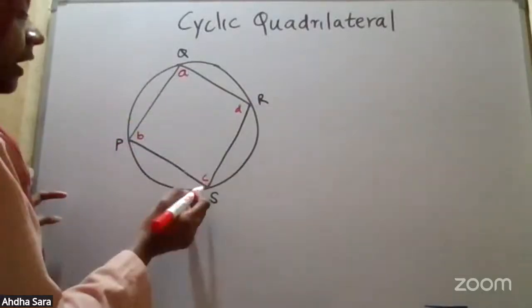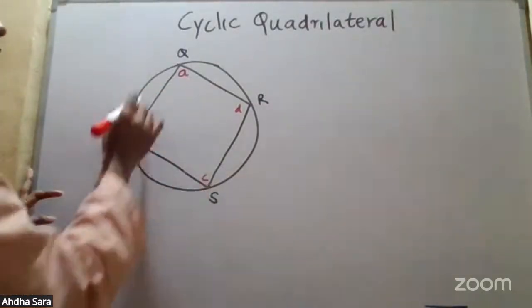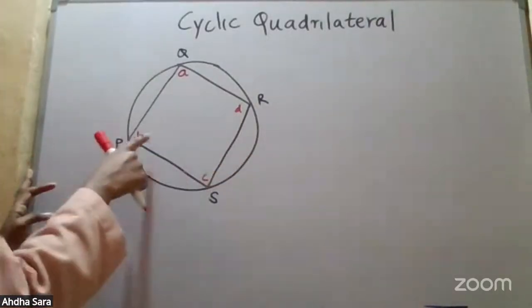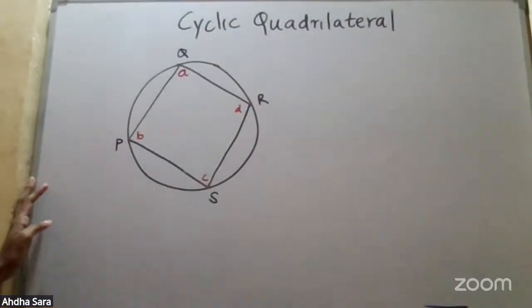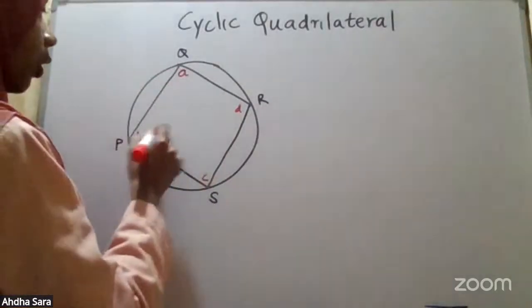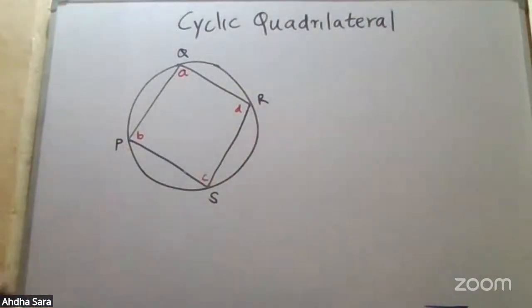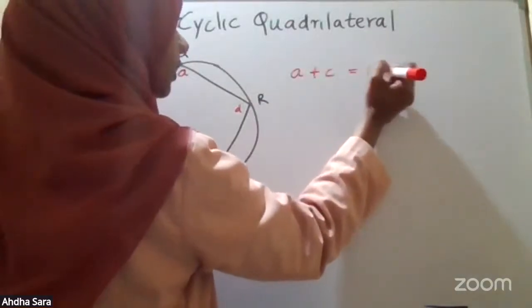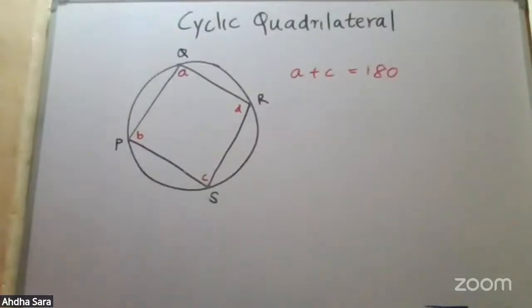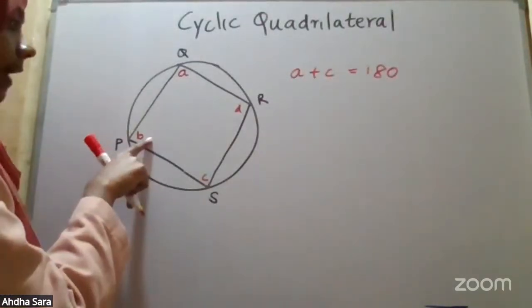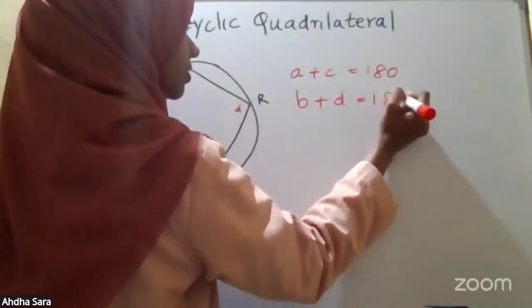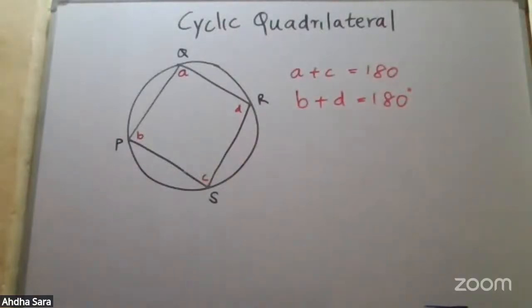When you consider A and C as the opposite angles of a cyclic quadrilateral, and B and D as the other opposite angles, in a cyclic quadrilateral the opposite angles are supplementary. So A plus C will be 180. Similarly, the angles B and D will be 180. So this is theorem 1.